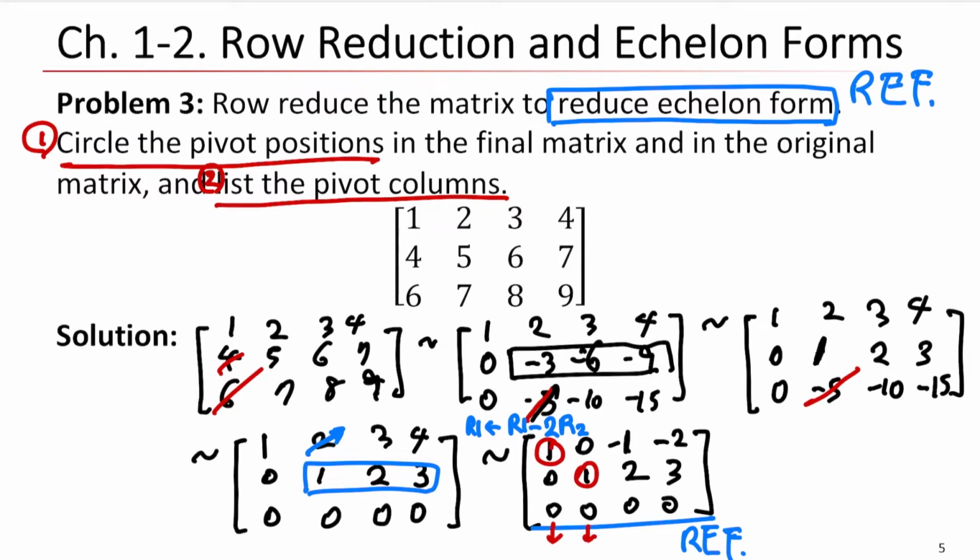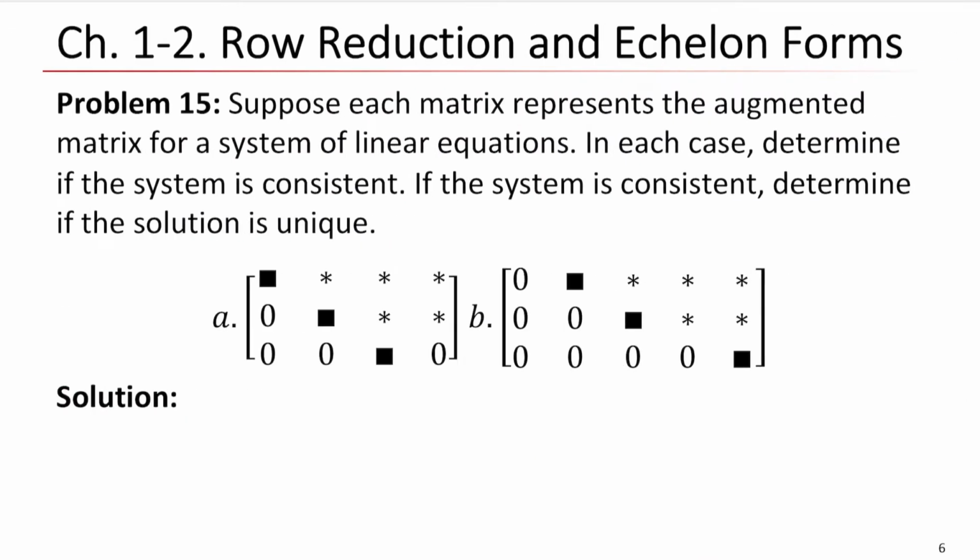This one and this one. So column 1 and column 2 are the pivot columns, and this one and this one and this one are pivot positions. So in the original matrix, this one and this one are the pivot positions.